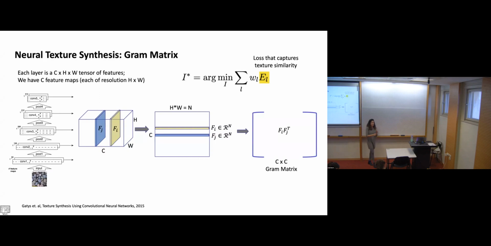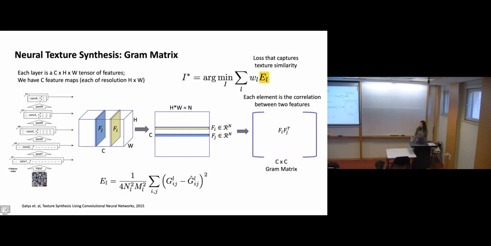It just measures the pairwise relations between different features. Okay, and this is our texture representation. This is how we're gonna define our G_L. So our objective function is just matching element-wise these matrices between the source and target image.